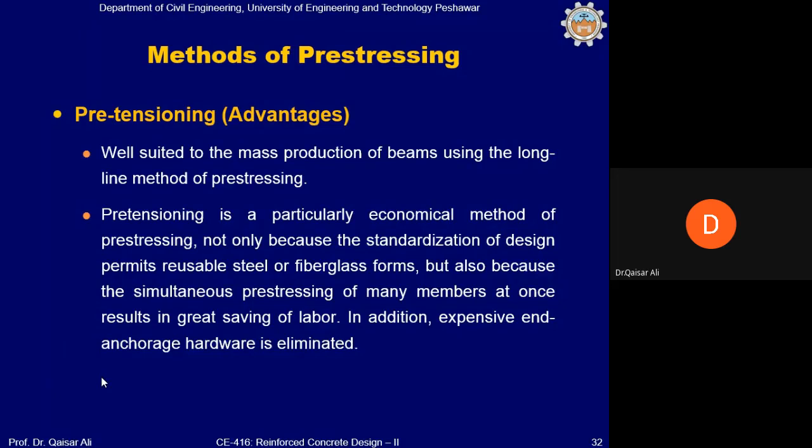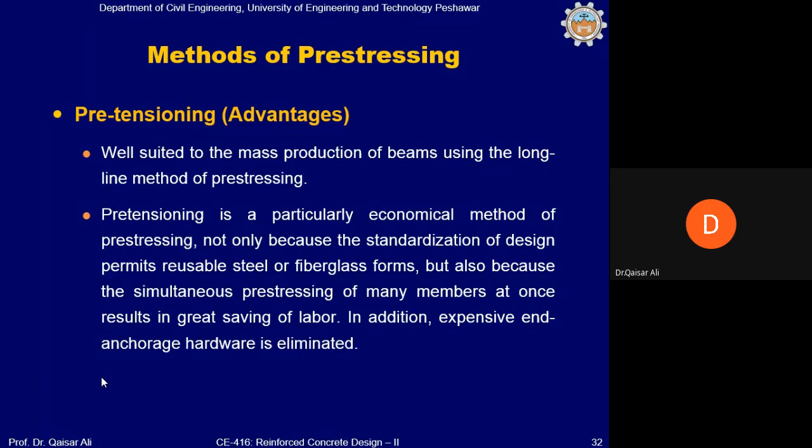However, this pre-tensioning technique can be used only in a controlled environment, like in factories, because the steel has to be in a stretched position for a long duration, maybe for 7 days or 15 days, because the steel must remain in stretched position until concrete attains its full strength.